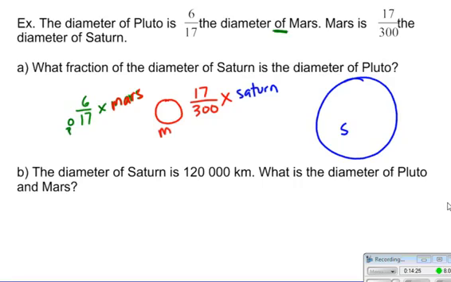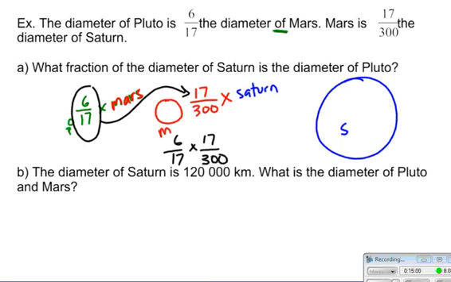So we know that 6/17 times Mars is what Mars is, right? And then if we times it by that, it will tell us Saturn, basically. That will tell us the fraction ratio. So using the 2 fractions, we're going to multiply them together to tell us what the ratio is between Pluto and Saturn. So we go 6/17 times 17 over 300 to tell us what our new ratio is going to be.